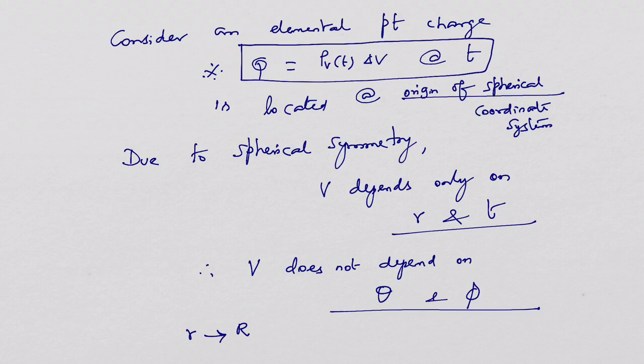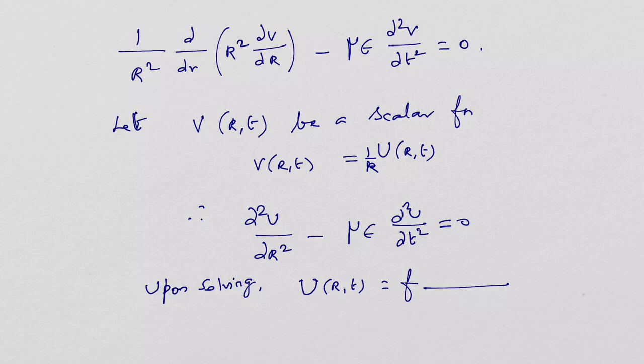To obtain far field expressions, let us replace small r by capital R. So, the scalar potential in spherical coordinate system satisfies the homogeneous equation: 1 by r squared dou by dou r of r squared into dou V by dou r, minus mu epsilon dou squared V by dou t squared, is equal to 0.